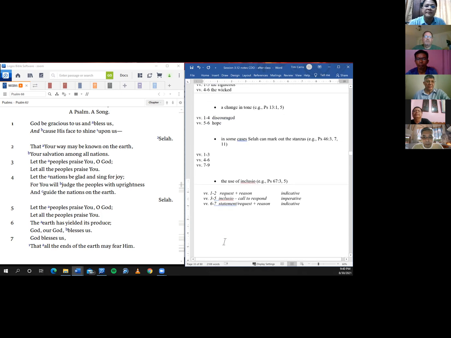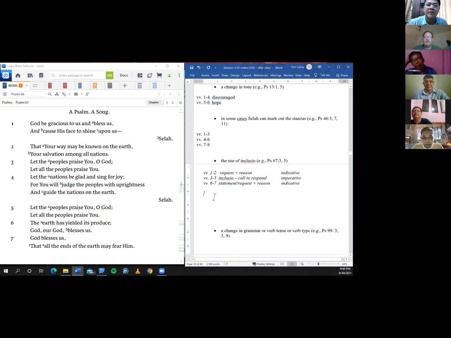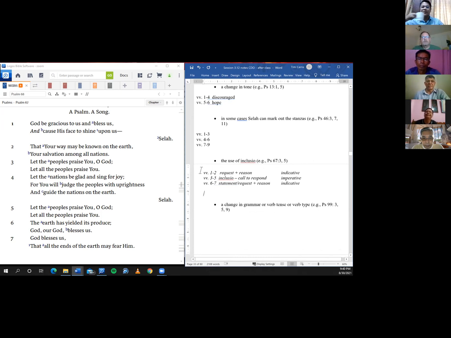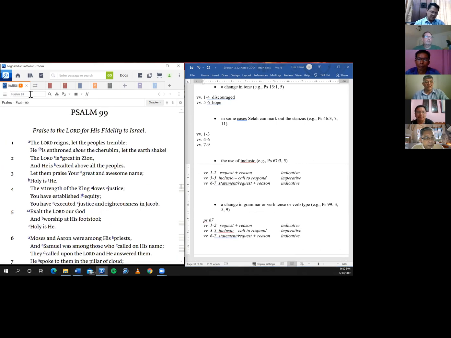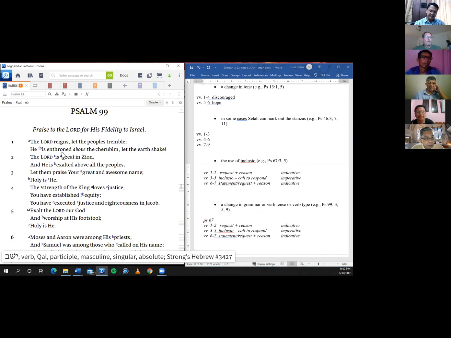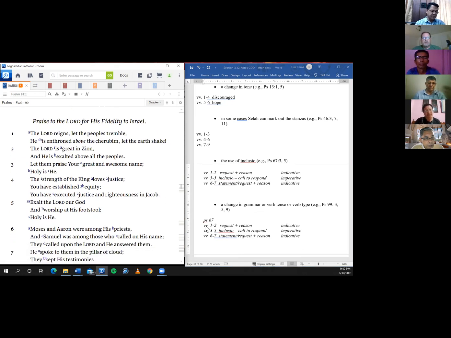There's another example of this in Psalm 99, a change in the grammar or verb tense or verb type. Look at Psalm 99 with me. We see a similar pattern, almost like Psalm 67.